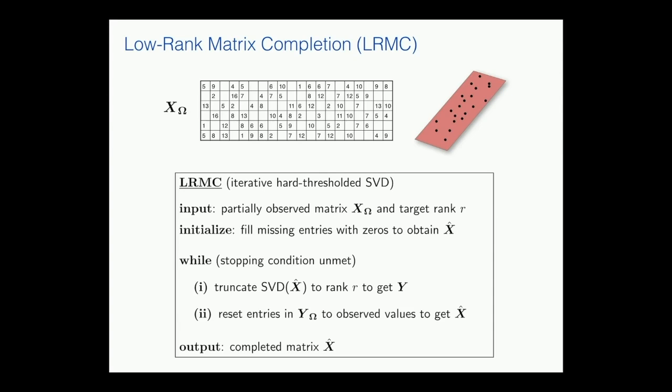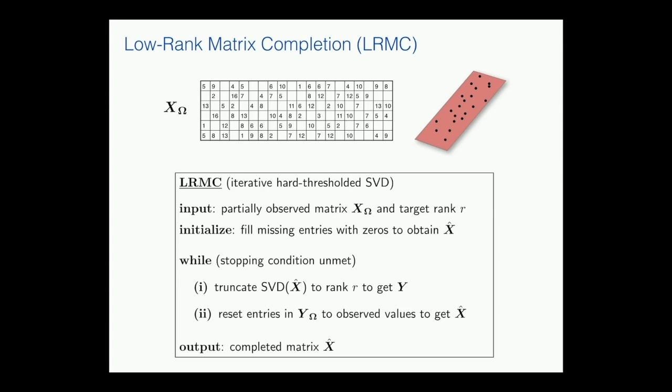You take the SVD of that matrix with the zero imputations, threshold that SVD, throw out the lower singular values, and truncate it to get a rank R matrix, because your assumption here, another input I should have said, is that you believe these columns lie in an R-dimensional subspace. By that truncation, you get slightly better, or hopefully better, imputed missing values. You take those, you reset the observed values to what they were, and you just iterate this process.